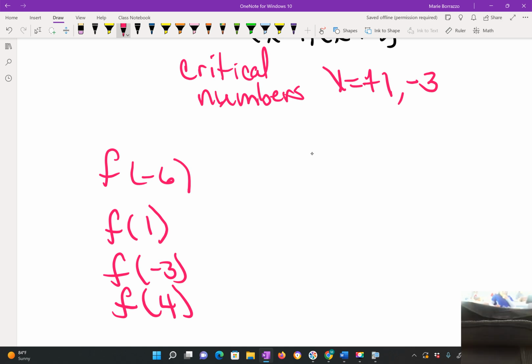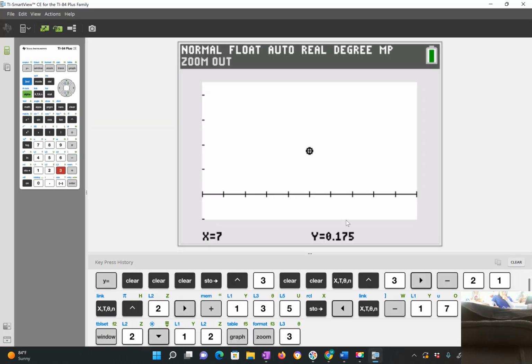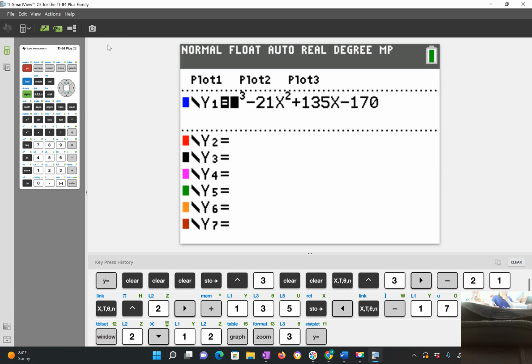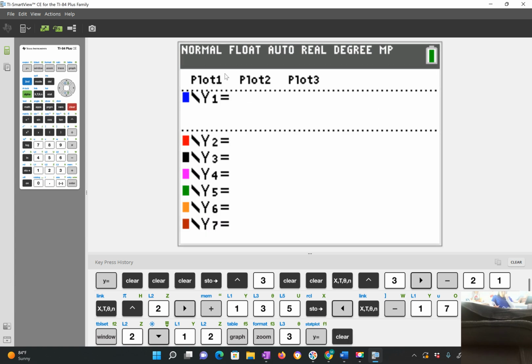So let's use the function. Let's go to y equals, and we're putting in x cubed. If not, you're going to suffer and have to do this step by step.